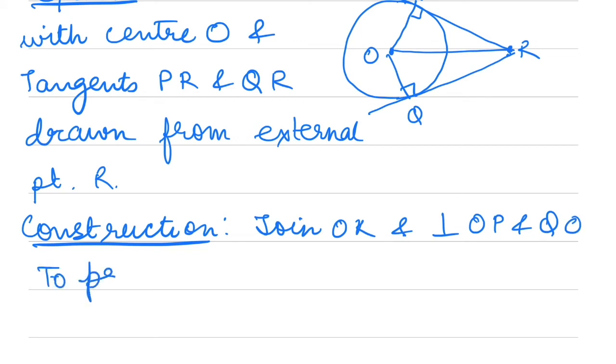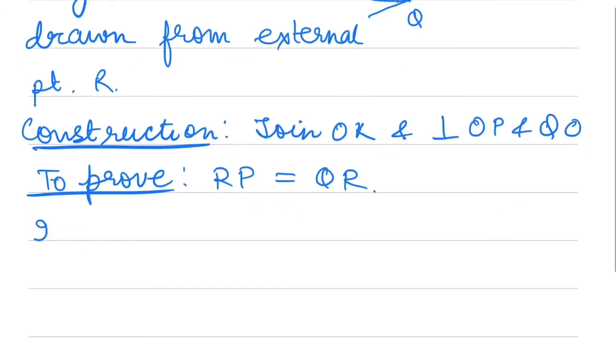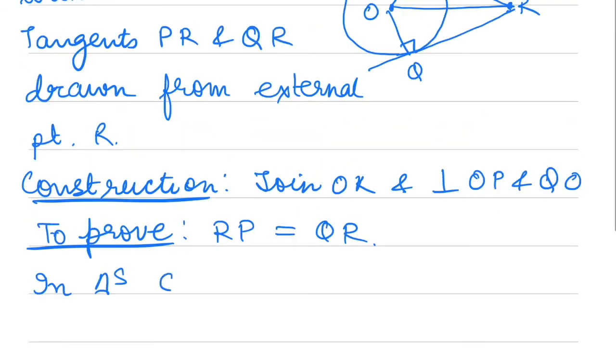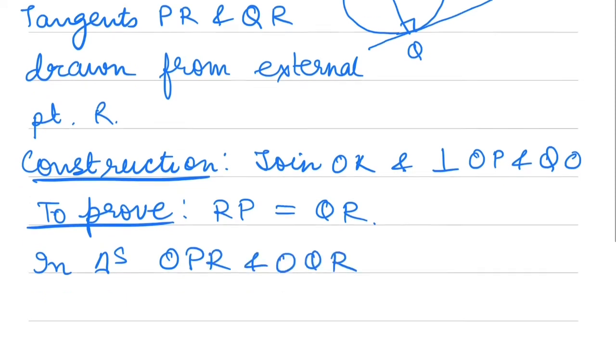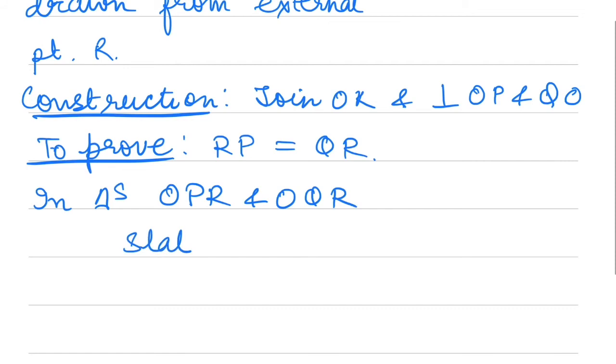To prove: PR is equal to QR. In triangles OPR and OQR, we have to write down the statements and the reasons.